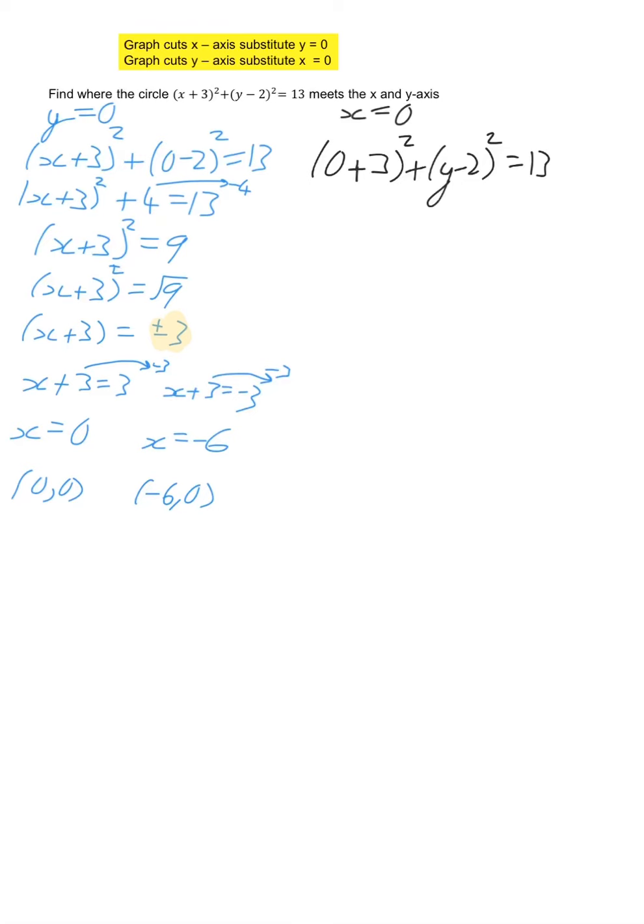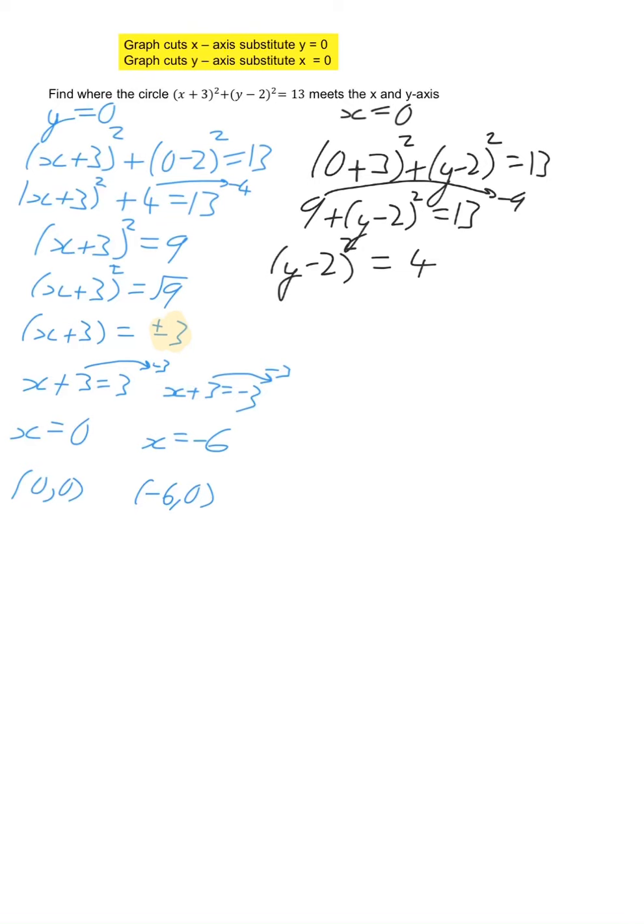So 0 plus 3 is just going to be 3, and then 3 squared is going to be 9. Then plus (y − 2)² equal to 13. Bring the 9 to the other side now, and it'll become minus 9. So then I'm going to have (y − 2)² equals 13 minus 9, which is 4.